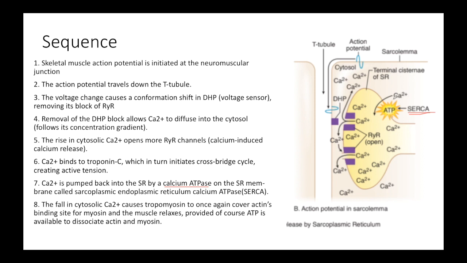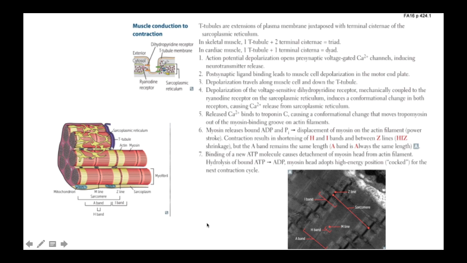When calcium is being brought back into the SR, it's no longer bound to troponin C, so tropomyosin can cover up those binding sites again, allowing the muscle to relax, and so on and so forth. It can continue on in this cycle. And this does require ATP to dissociate actin and myosin, so that is also required for the muscle to relax. And this is from First Aid.